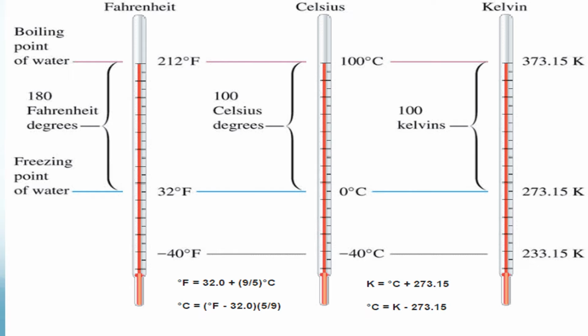So the Fahrenheit scale was developed in the early 18th century by physicist Daniel Fahrenheit. In the Fahrenheit scale we have 32, the temperature at which water freezes, and 212, the temperature at which water boils.